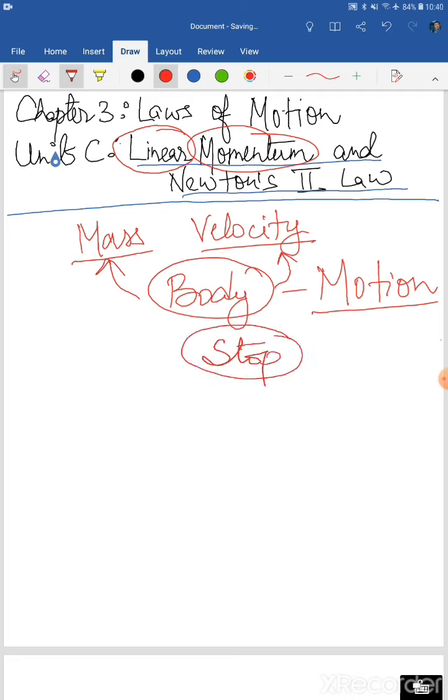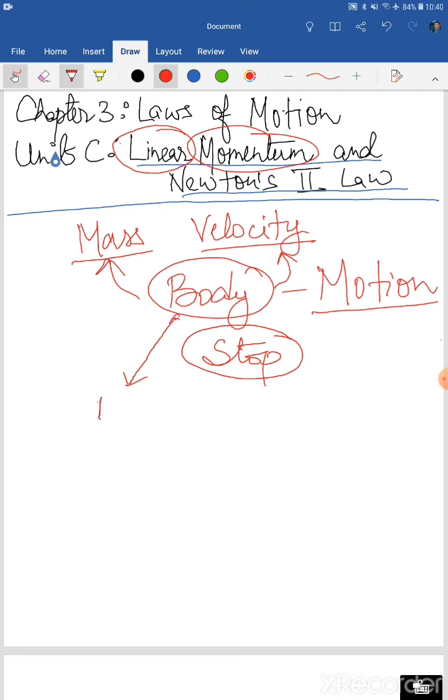Now if you want to stop this body, let us take an example. In the first instant, let's say the body is a bus, or I guess a bus will be too big or huge, so I'll take a cycle, and here I have a toy car.